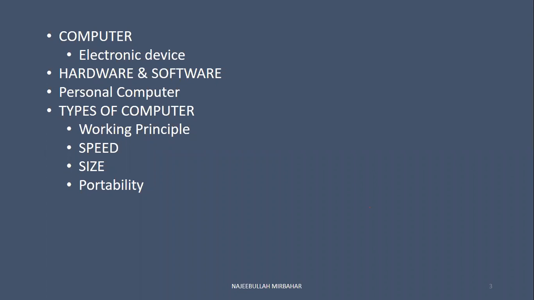Some persons categorize computers in two ways, based on their working principle. They say that there are only two types of computer. The first one is analog computer, and another one is digital computer. Analog computers work on continuous signals, and digital computers work on discrete signals.